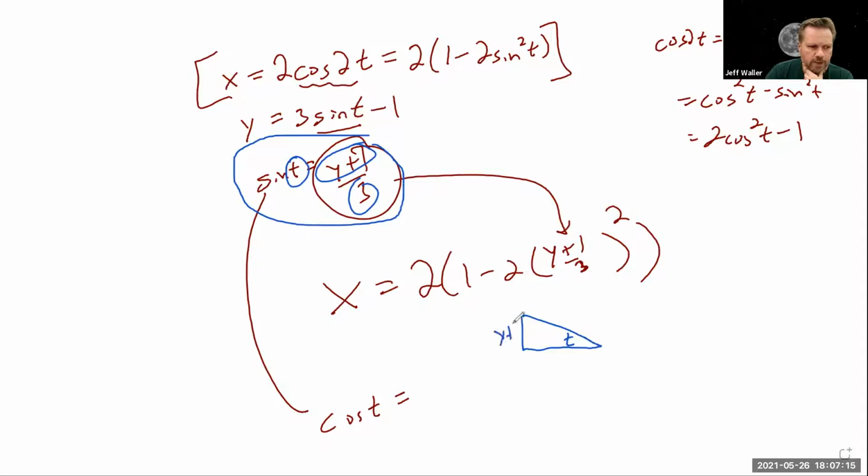So it's going to be the y side over the hypotenuse. And if I want to know what cosine is, I need the x side. I need this side. So that would be the square root of 3 squared minus y plus 1 squared. So why am I telling you that? Because that is another piece you would need for the quiz correction.